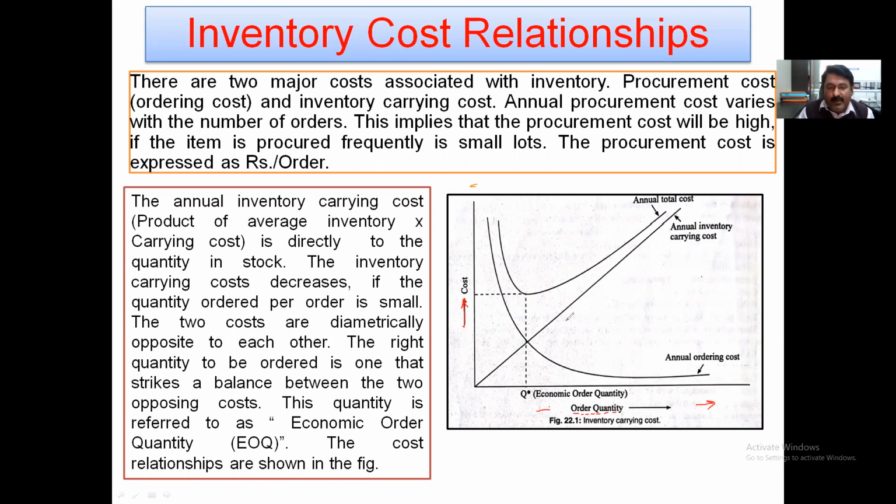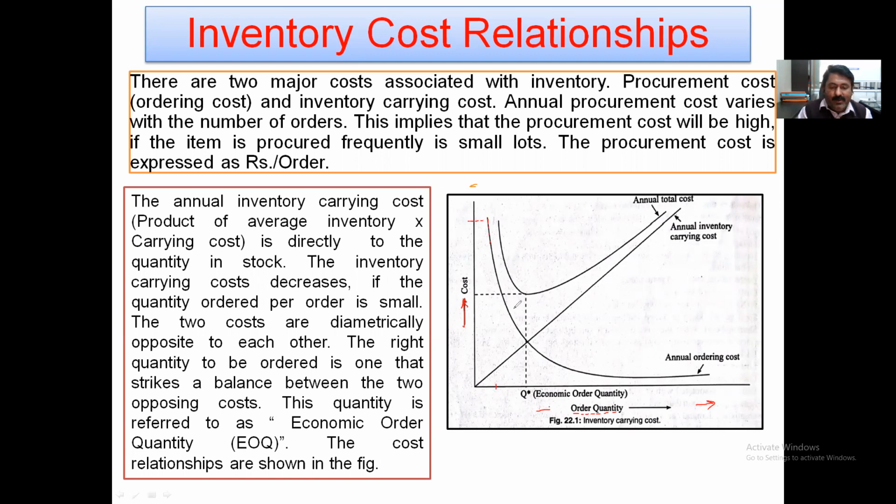For the ordering cost, if the quantity is smaller and ordered more frequently, it means once giving an order for 1000 units, or 10 times giving an order for 100 units, or 20 times giving an order for 50 units. The order for 50 units may cost much higher because the quantity is less.